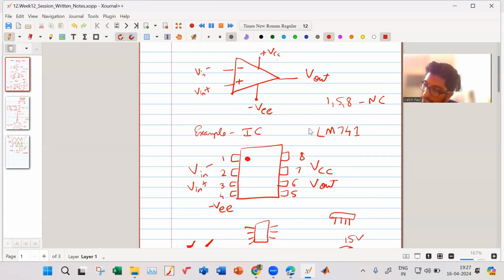Now for an IC, they have some standard packages, like an 8-pin package or a 16-pin package. To fit this IC, he will use an 8-pin package, because when someone is manufacturing something, he should manufacture it in such a way that it can be used by everyone easily.